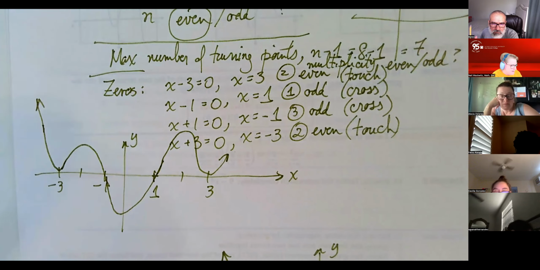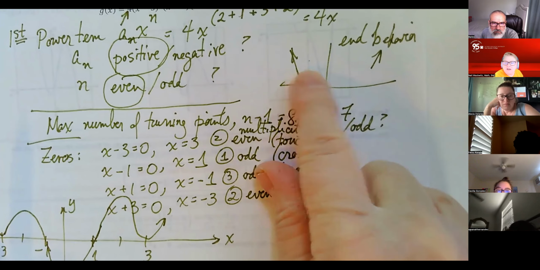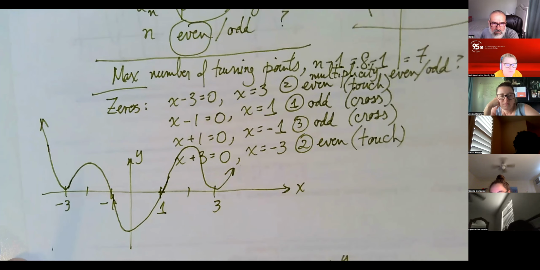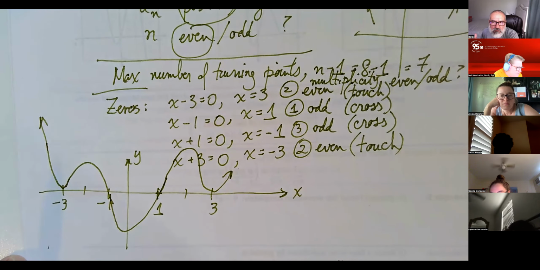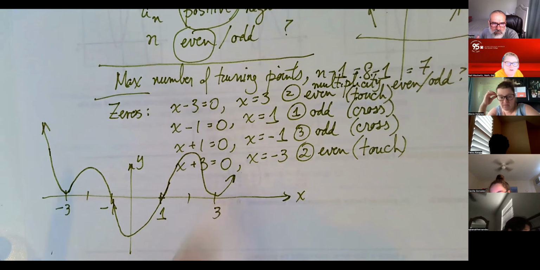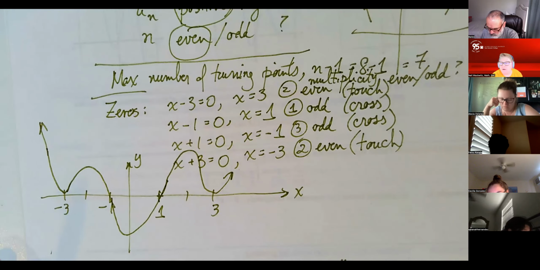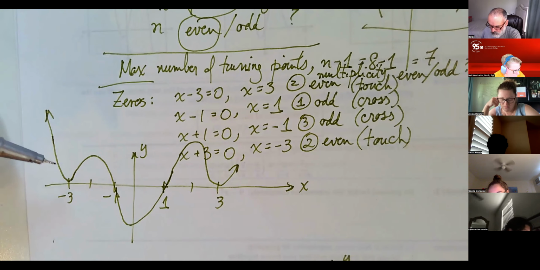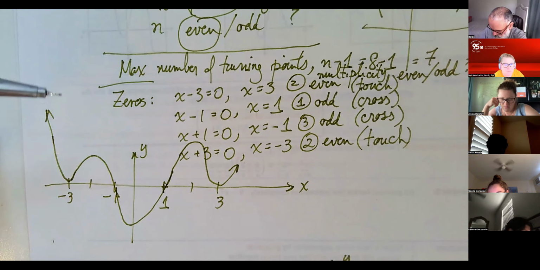You're welcome. And the end behavior tells me if I'm coming from above or below. Okay, good. Again, calculus tells us where these turning points happen and how high or low they are, so we're not going to worry about that. But we can count how many turning points there are.